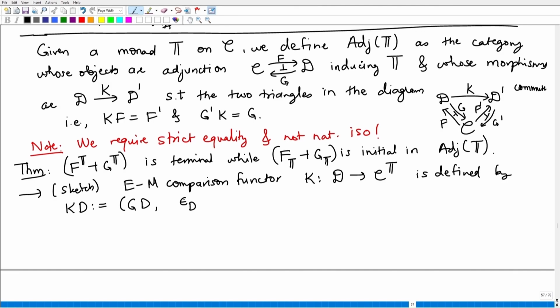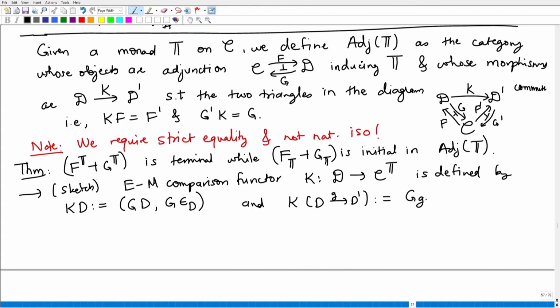What is epsilon D from? Epsilon D is from FGD to D. Now you have to apply G on it so that you land inside, G of epsilon D goes from GFGD to GD, which makes sense now. So this is the morphism, and K of D is just (GD, G epsilon D).